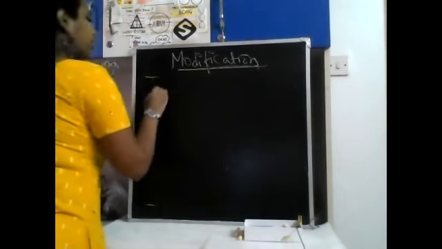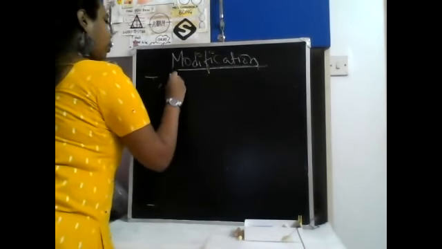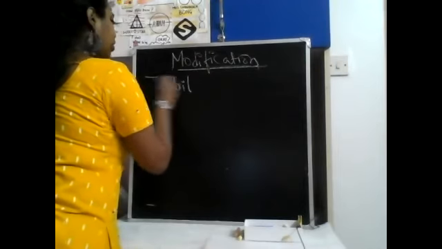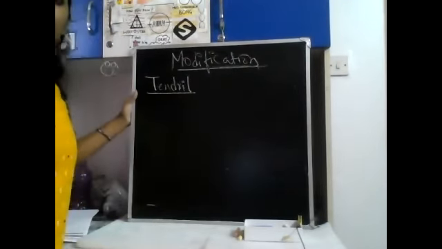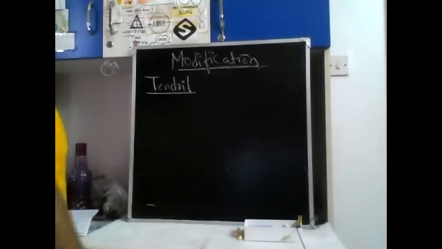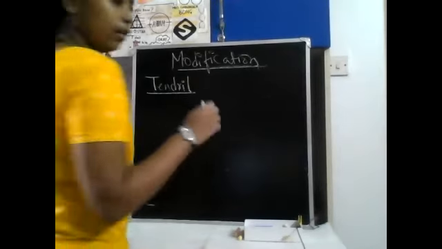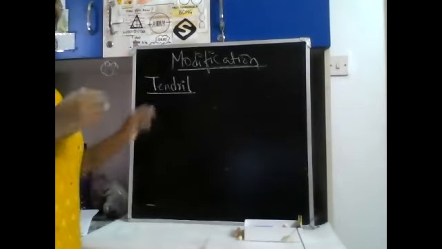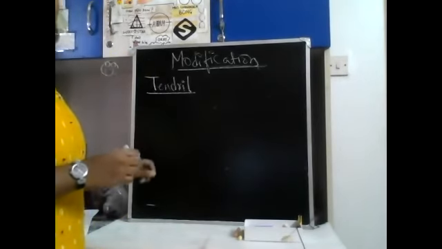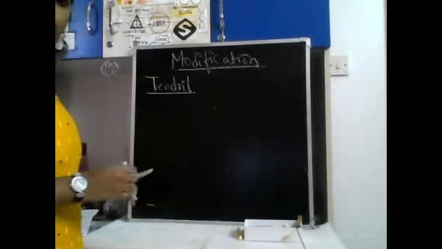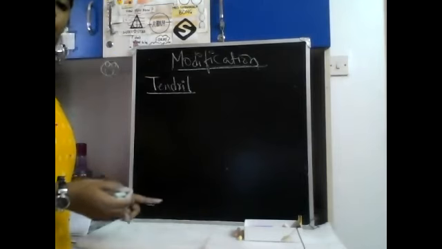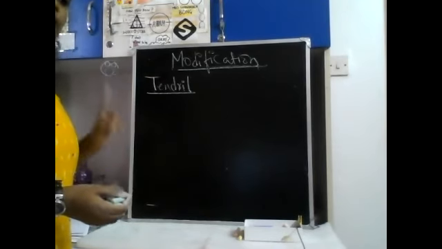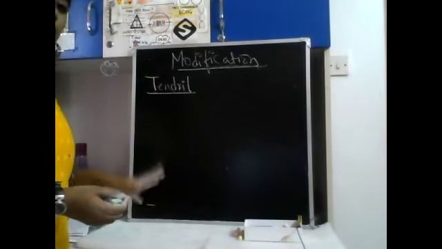One is tendril type of modification. Here, just similar to what we saw in stem. Okay, but if you mix the examples, then it's a problem because the origin of each of this is different. The origin of stem is from the plumule, right? So the tendril modification in stem also is from a plumule itself.